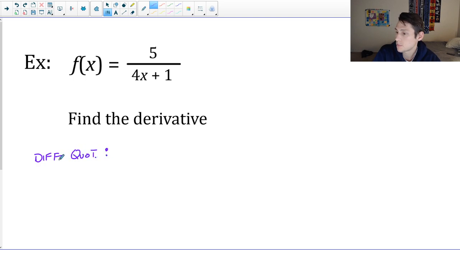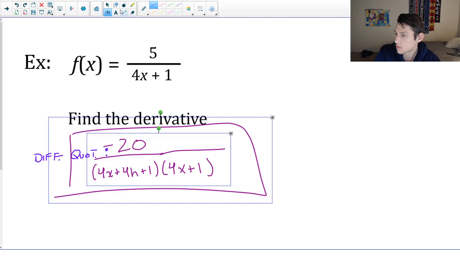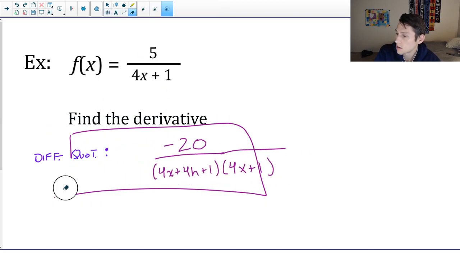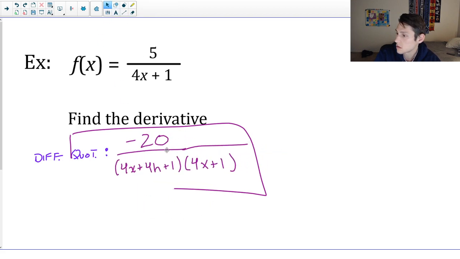Okay, so my first step would be to find the difference quotient, which in this case we already know is this. However, when you do these, you'll have to actually calculate yourself what the difference quotient is.